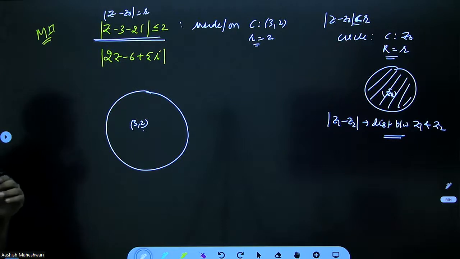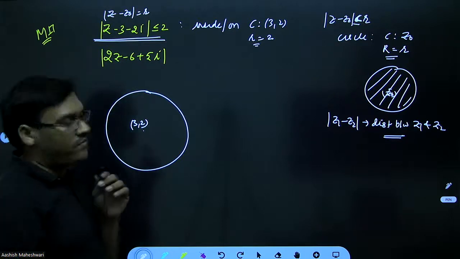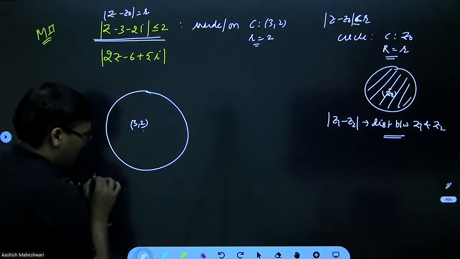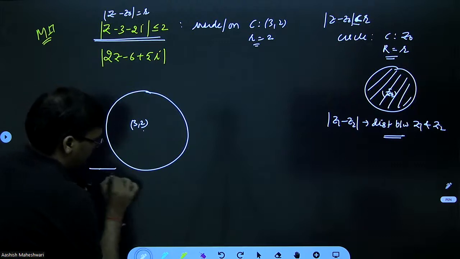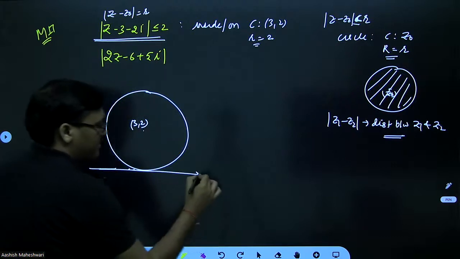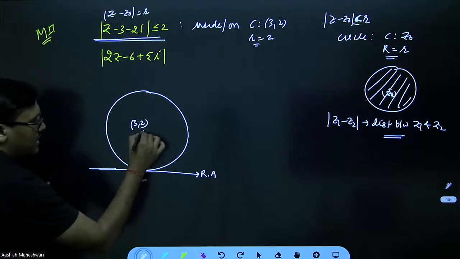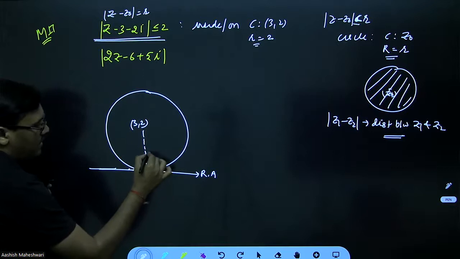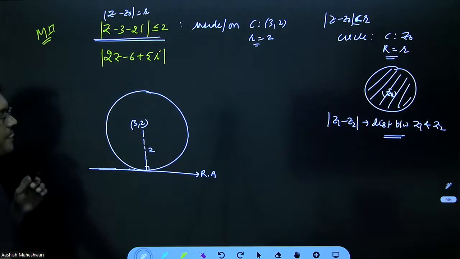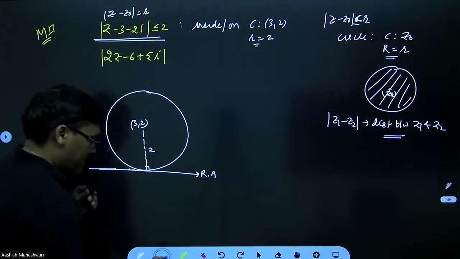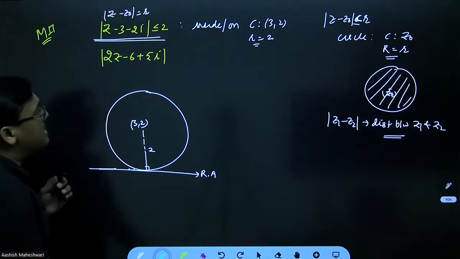अगर radius 2 है, center 3, 2 है, तो definitely it will touch x-axis. You can see this is the x-axis, that is real axis. We are talking about the complex number because इसका radius क्या है? 2. This is 90 degree, right? So Z is satisfying this.